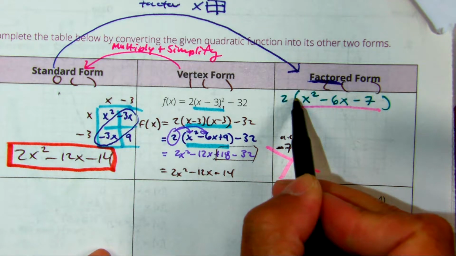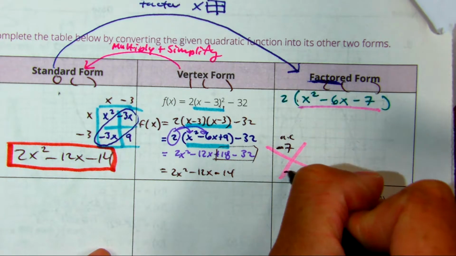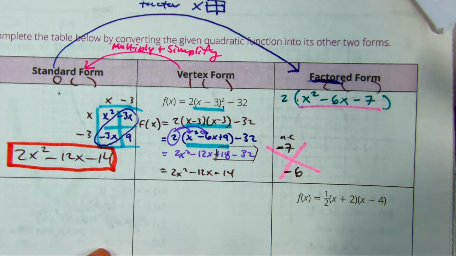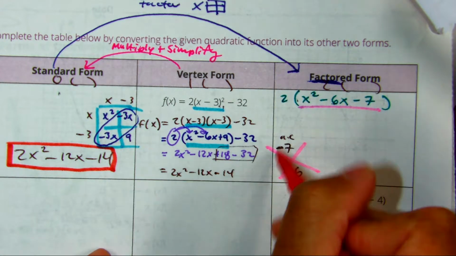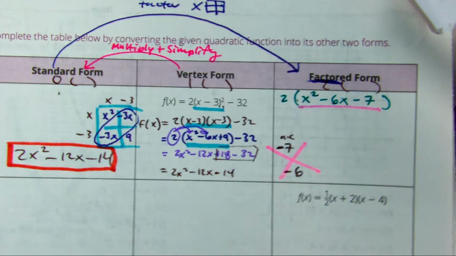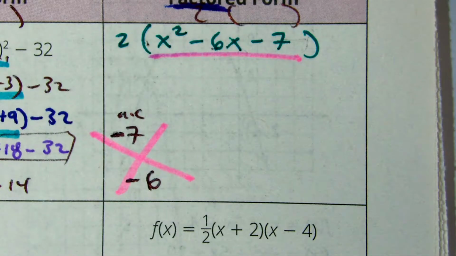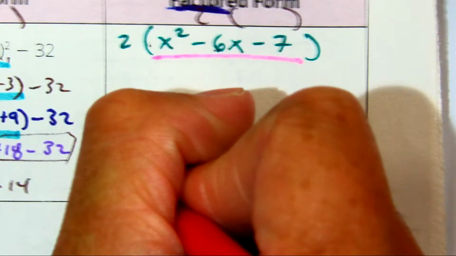A, B, and C. We're focusing just on the inside, which is negative 6. Class, where 2 numbers multiply, there's your hint, multiply, to be negative 7, but add to be negative 6. Seven and 1.